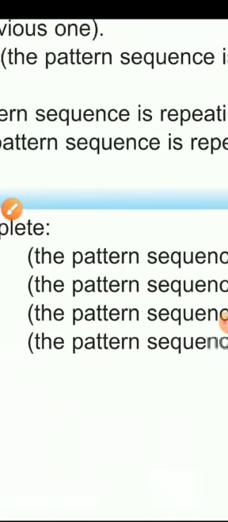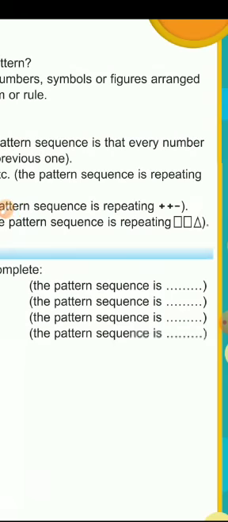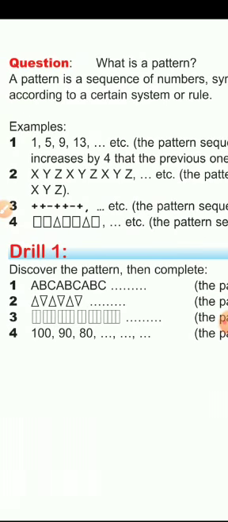So to get the missing shapes here, you have to draw triangle up and triangle down like that. So the pattern sequence here is repeating triangle up and triangle down.